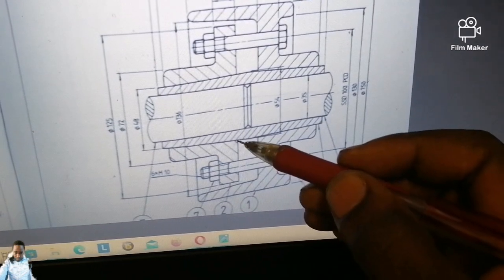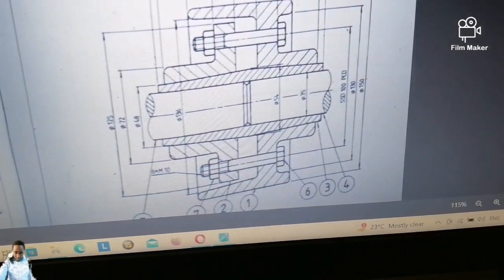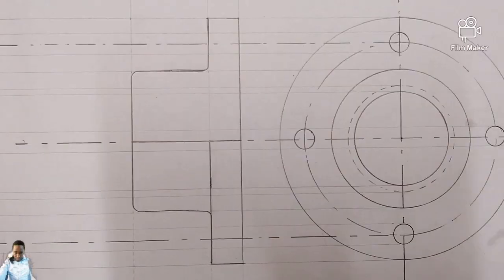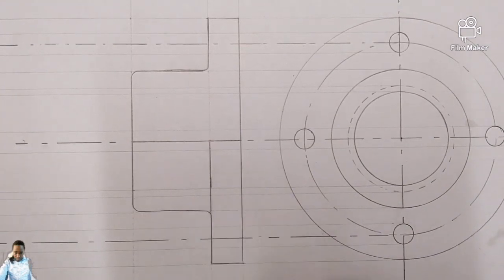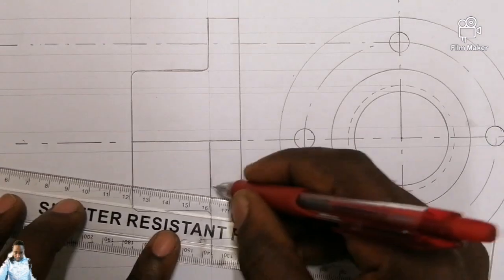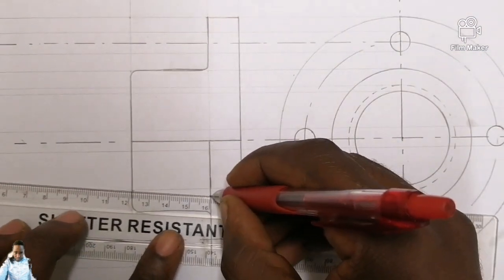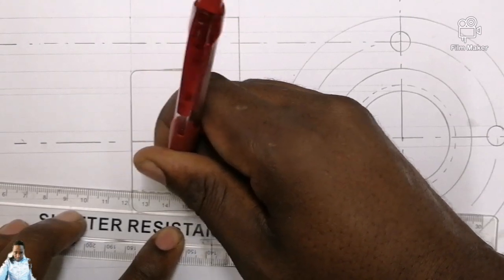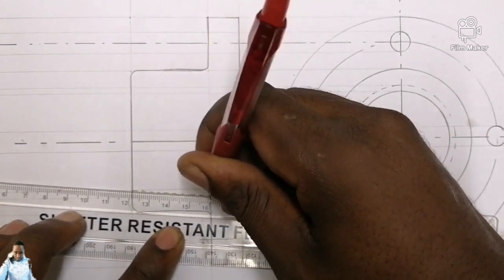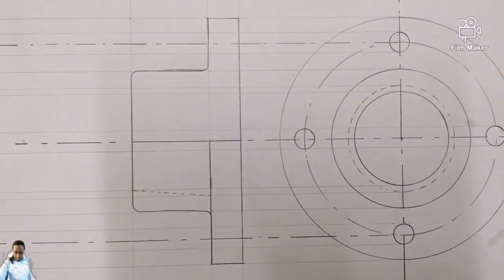This one, the one that we said is going to be hidden, you understand? Which one is this one? There it goes. So from here till there, I am going to have a hidden detail line. Dark, it's going to be dark like this.